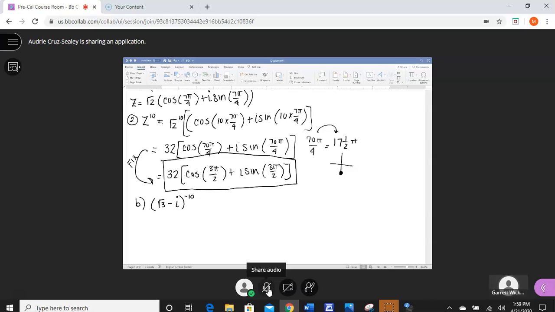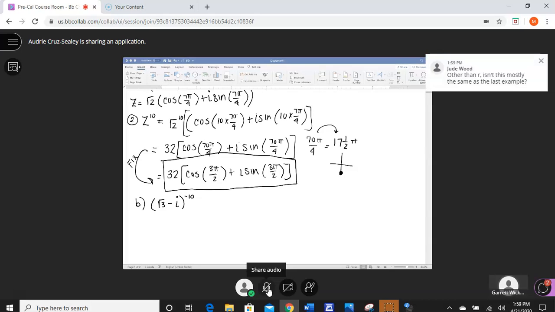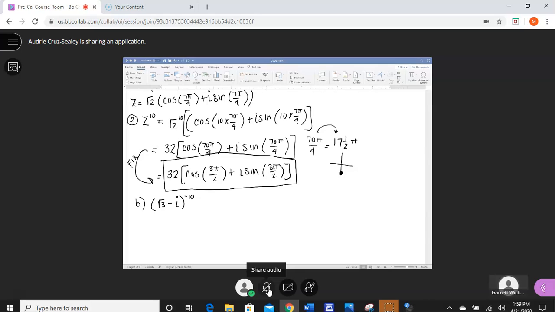I'm working the multiplication aspect of it right now. What'd you get for the radius, Jude?